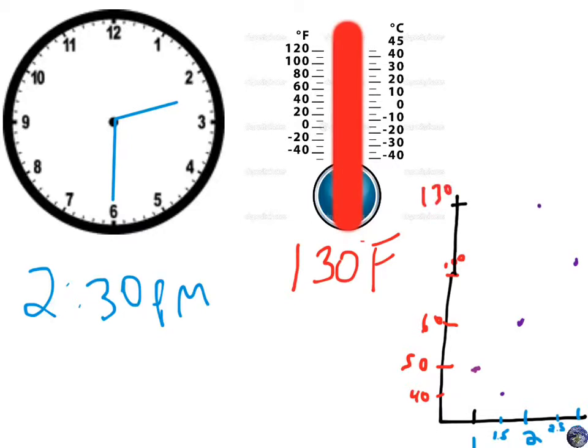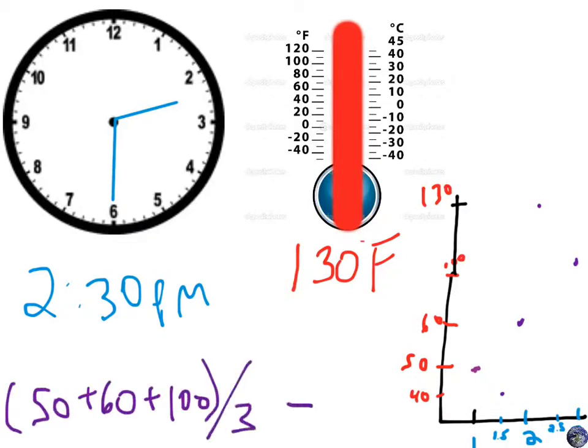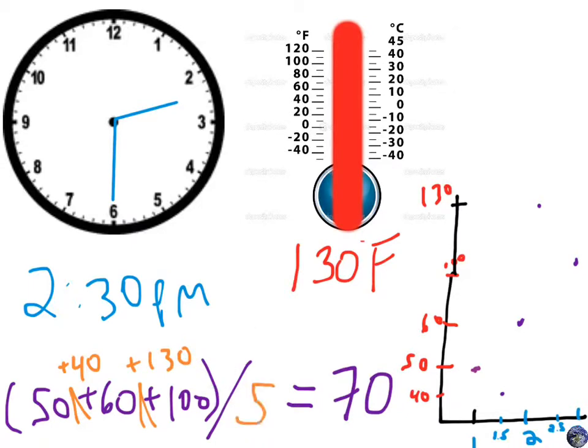Way up there. Alright, well now, before we thought the average was 70 degrees, but now we can get a more accurate picture of the average. So instead of 50 plus 60 plus 100 over 3, let's throw in the 40 and also the 130. But now instead of dividing by 3, we have to divide by 5, and now the answer is actually 76.